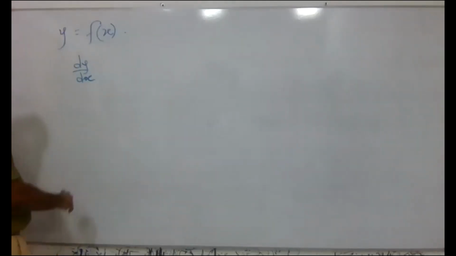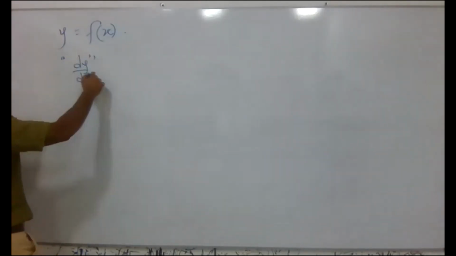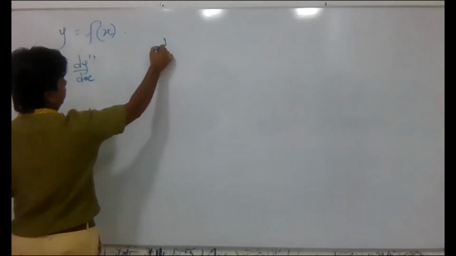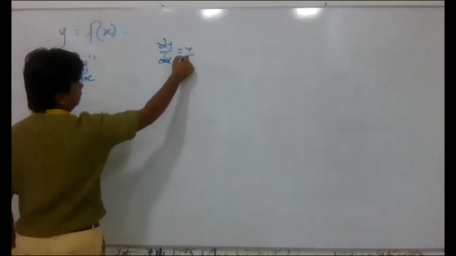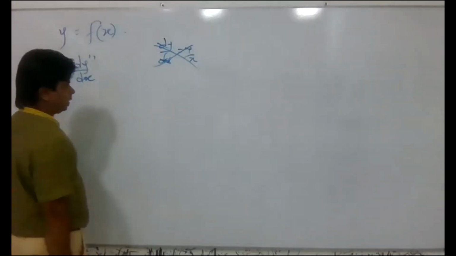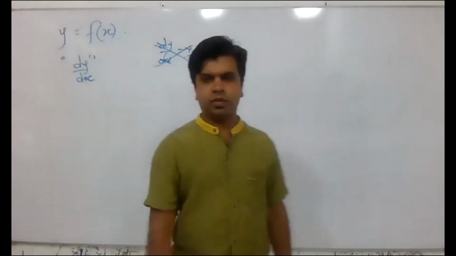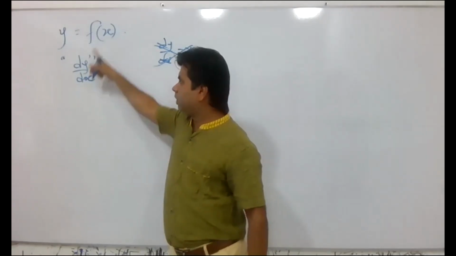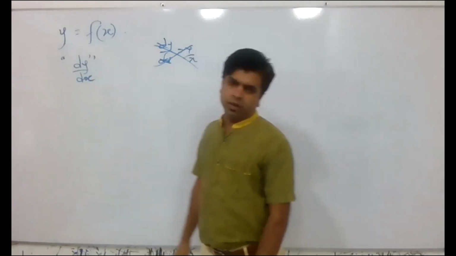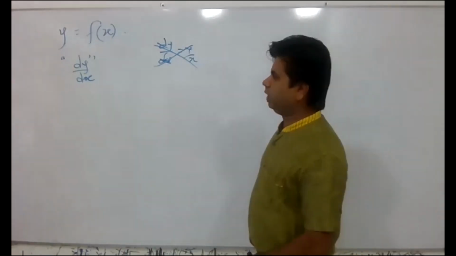dy by dx. Don't misunderstand that dy by dx: the d's don't cancel and it isn't y over x. This is just a particular command, which says differentiate y, otherwise this function, with respect to x. That's the simple idea of this notation, dy by dx.